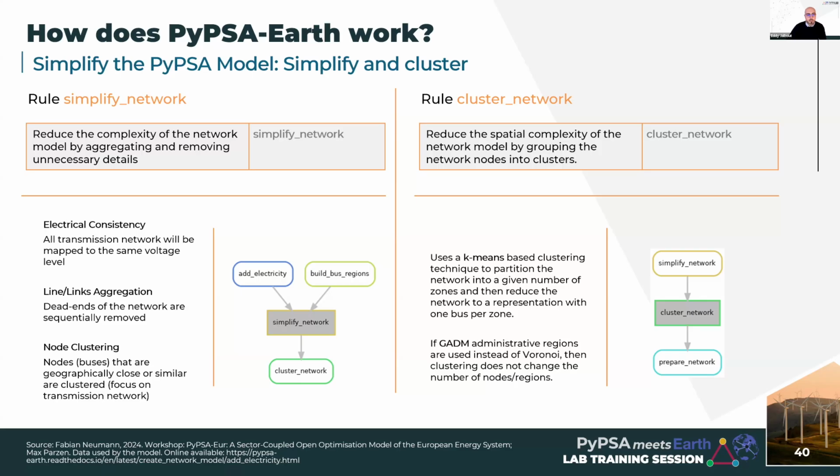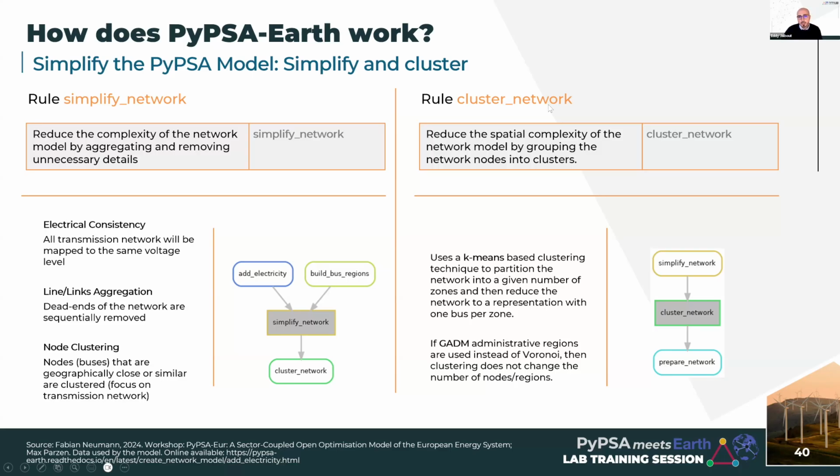We also remove some threshold lines that are very low voltage. We do the electrical consistency, so all transmission network will be mapped to the same voltage level, usually 380 kV. Then we also do some node clustering for the buses themselves, so transformers and so on that are geographically close to each other, and we merge them together.